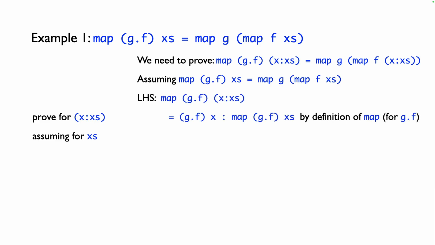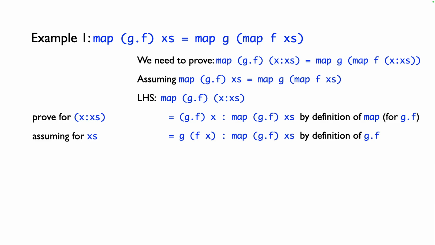So what does the left-hand side say? It's map of g dot f applied to x cons xs. Now that, by the definition of map, is g dot f applied to x cons map of g dot f applied to xs.